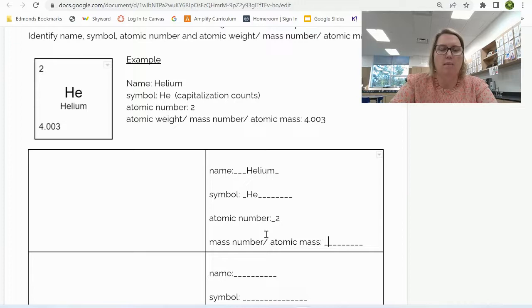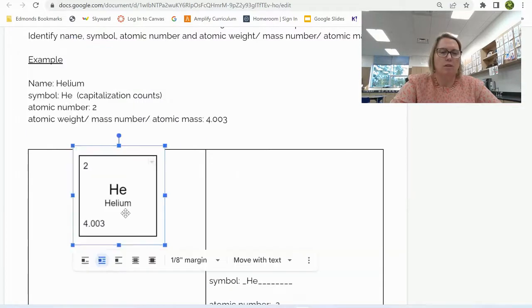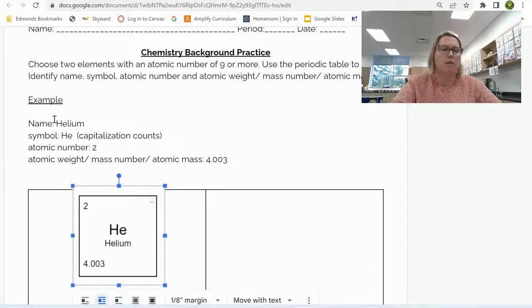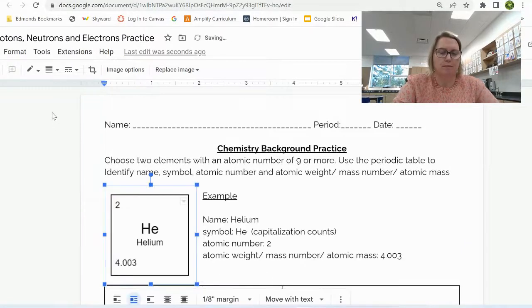And then the atomic mass is 4.03. I would take this and draw it here. I'm going to undo that because I think that scooched things up.